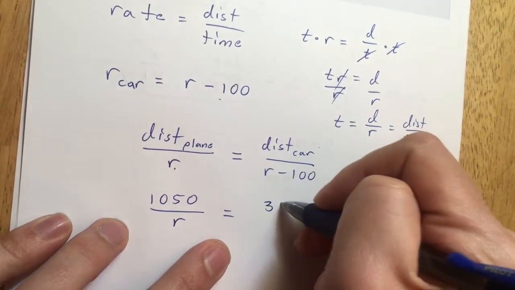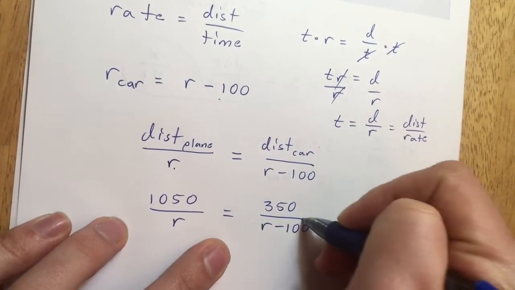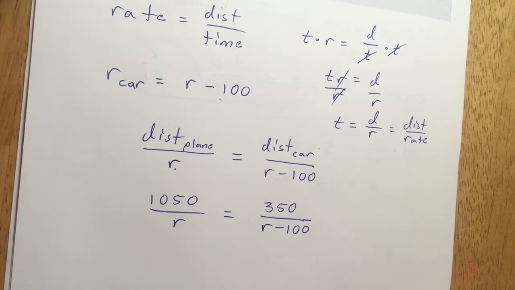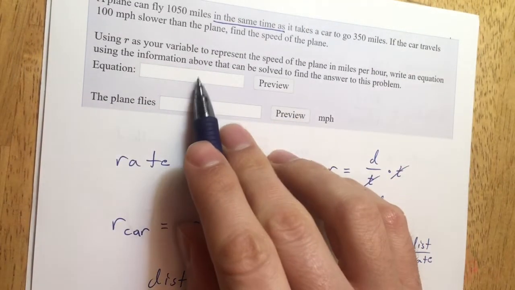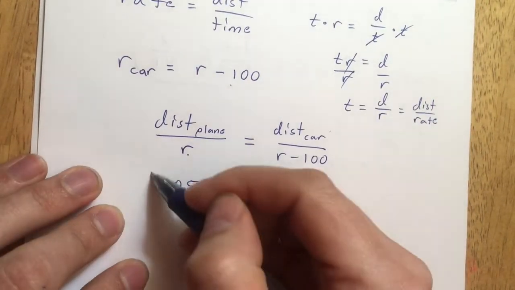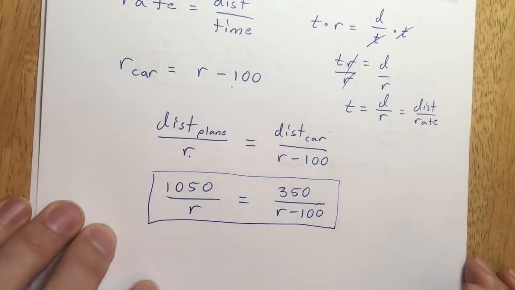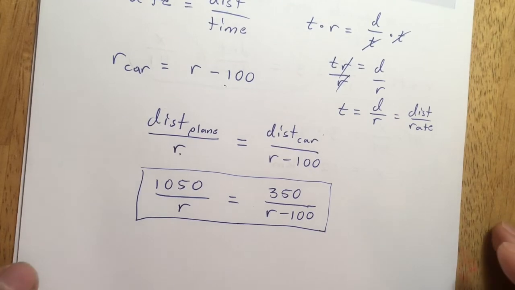So 350 goes over here. So there we have the equation that we need to solve. If I could fit it on this paper into this box, that's what would go there. So this is the answer to the first part of this problem: find the equation. Now, the second part is to solve this equation to find r.